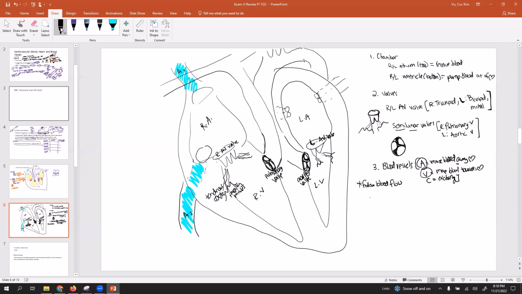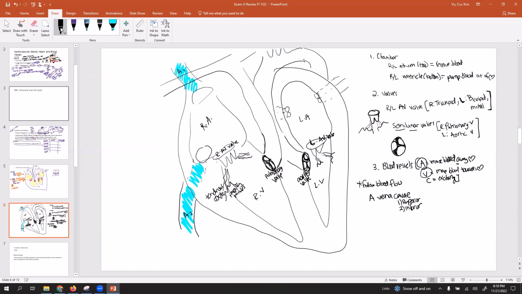Under here, I'm going to have A as the vena cavas, and then 1 would be superior, 2 would be inferior.